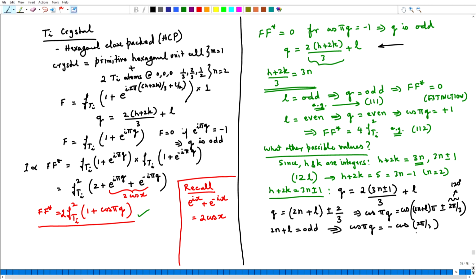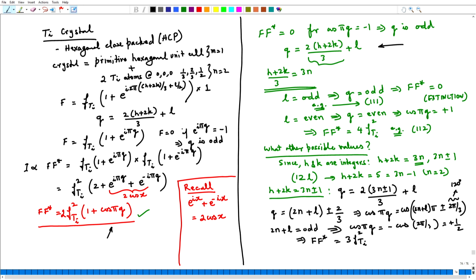Now what is minus cos 2 pi by 3? Cos of 2 pi by 3 is minus half, there is a minus outside, so therefore this would be plus half. So cos pi q is half, put it in this equation, and this would give me f star to be equal to 3 f t I square.